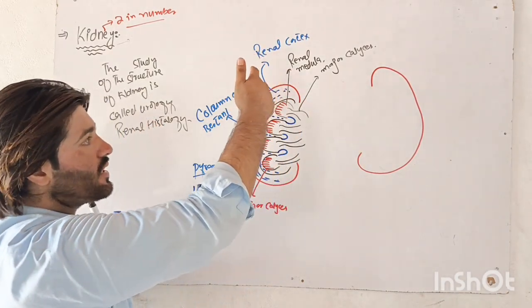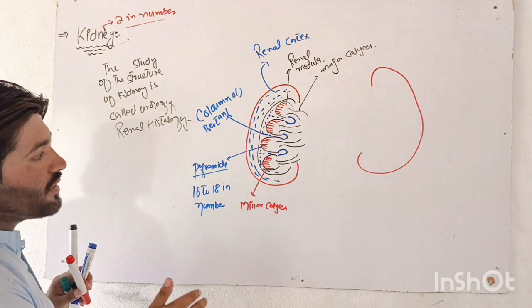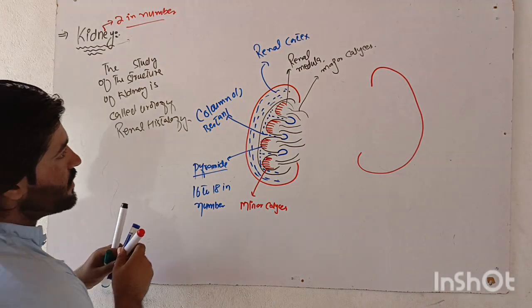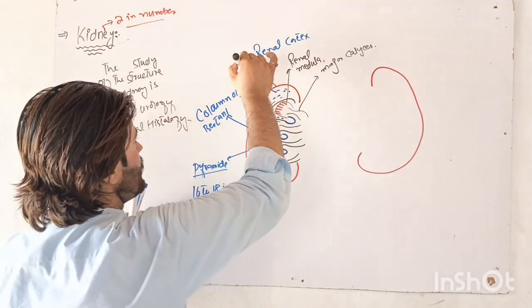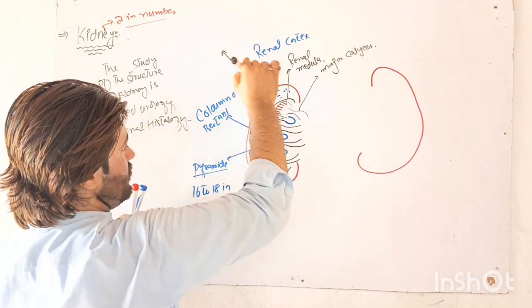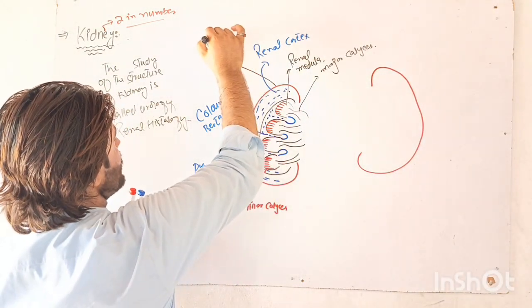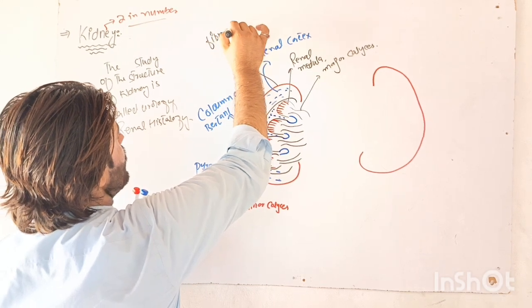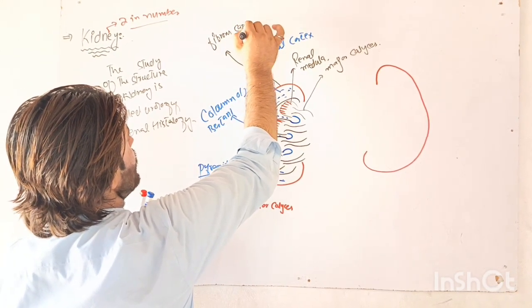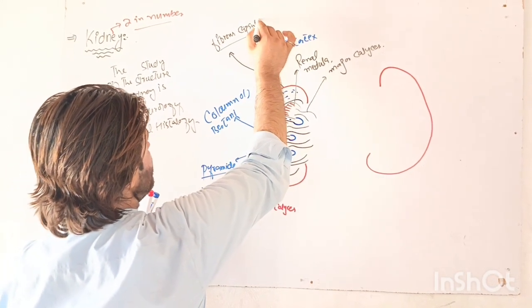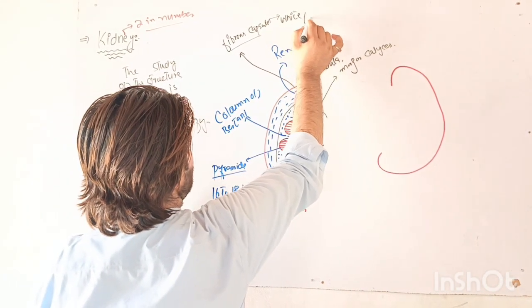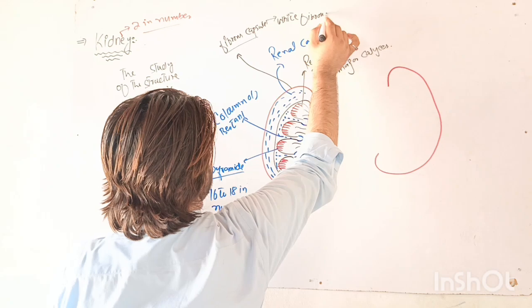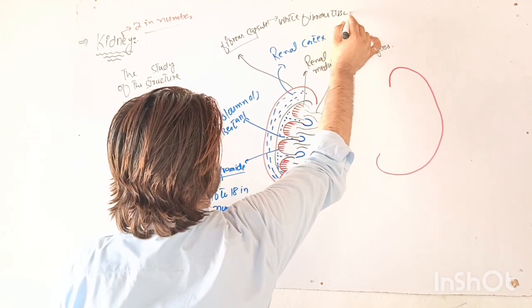The outer part is called the renal cortex, while the inner part is called the renal medulla. This part is also known as the fibrous capsule, and the fibrous capsule has white fibrous tissue.